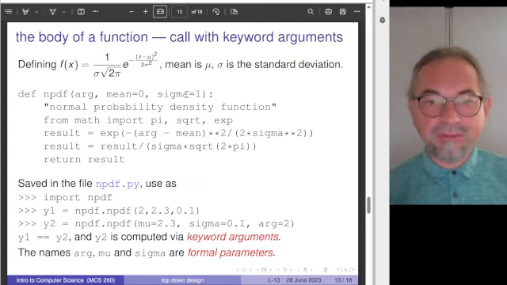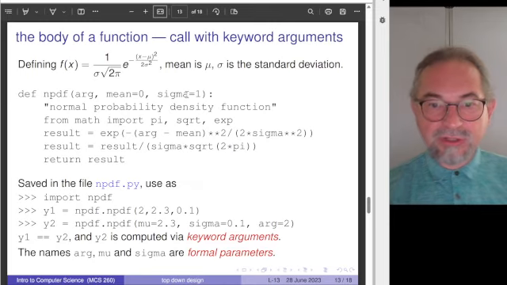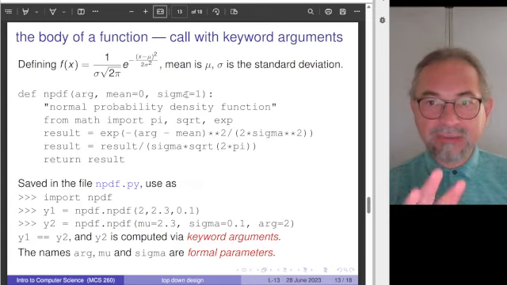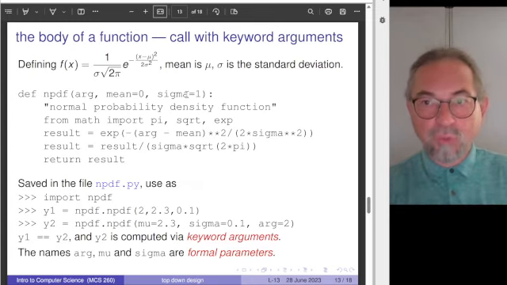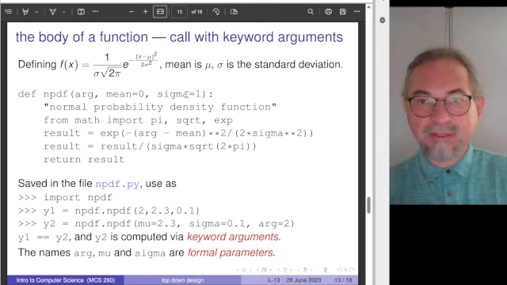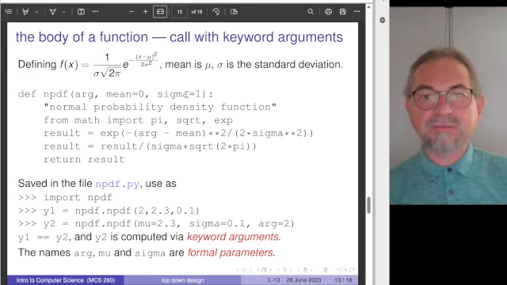So with the keyword arguments, you can actually switch the order. This is very useful. We will later see that as a programmer, you can force the user of your function to use keyword arguments. And there's also a good reason here why mean and sigma are at the end, because we have default values for them.